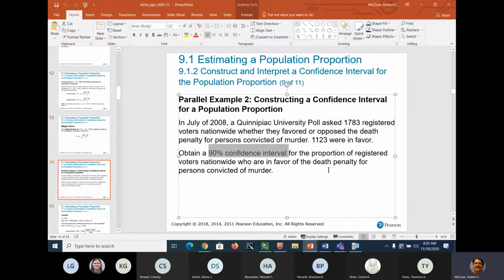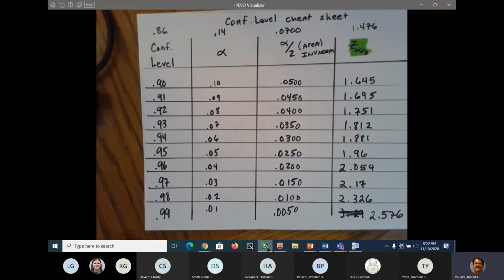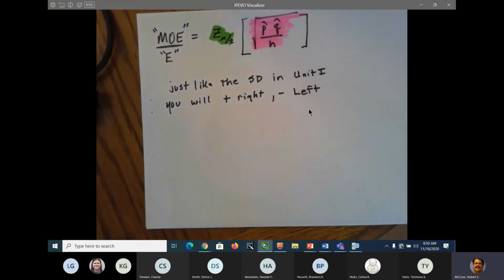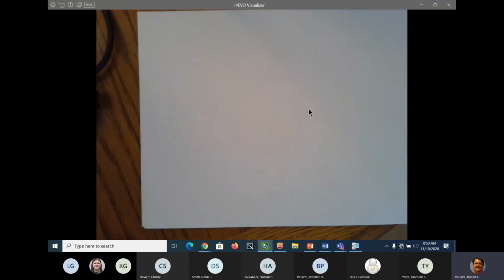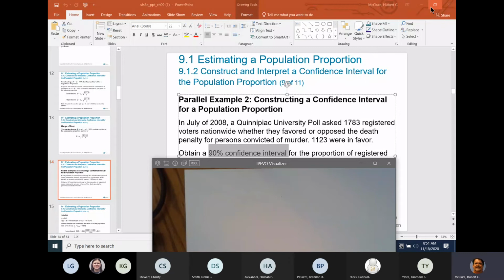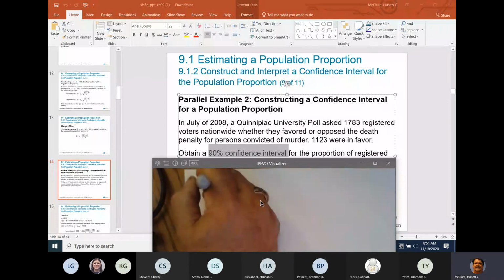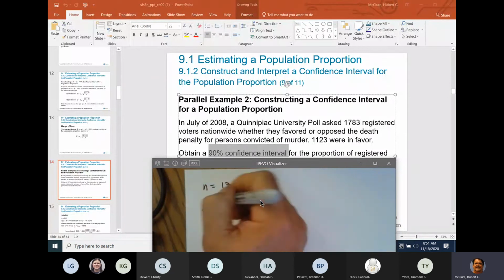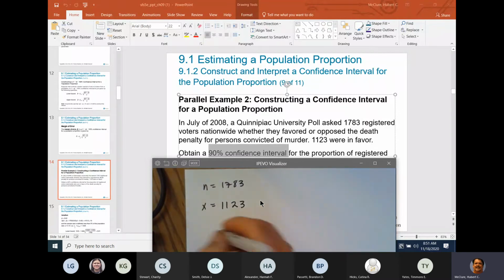Well, p hat, so I'm going to write all this stuff down. Let me go to my handy dandy sheet here. Okay. n is equal to 1783. x is equal to 1123. And you want a 90% confidence level.